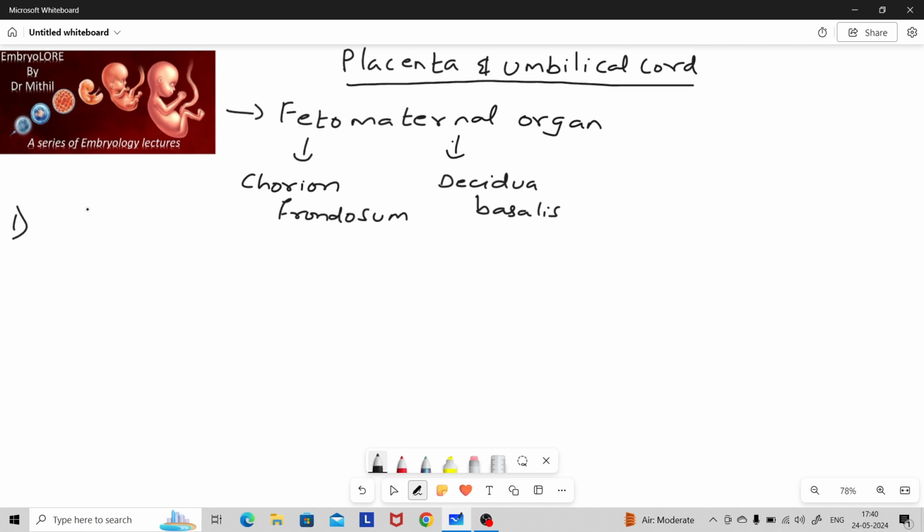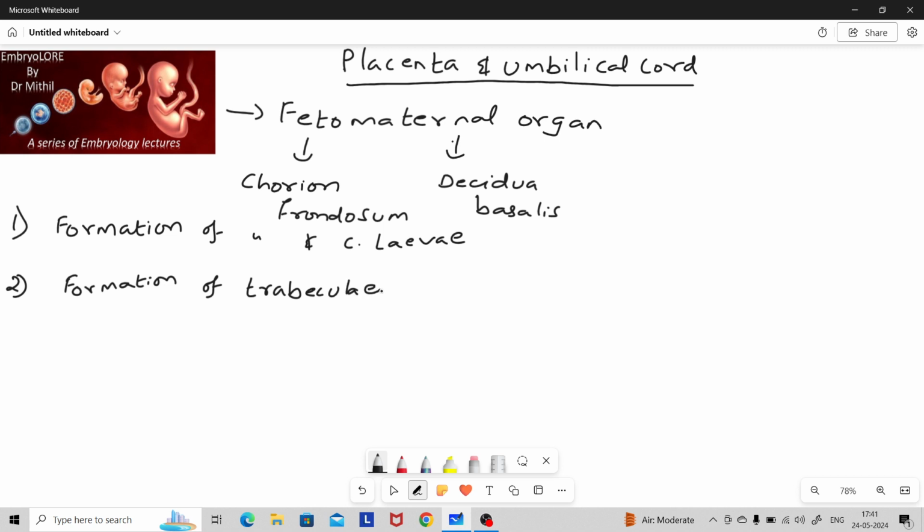First is the formation of the chorion frondosum and chorion laeve. Then the second stage will be the formation of the trabeculae and then the intervillous spaces.